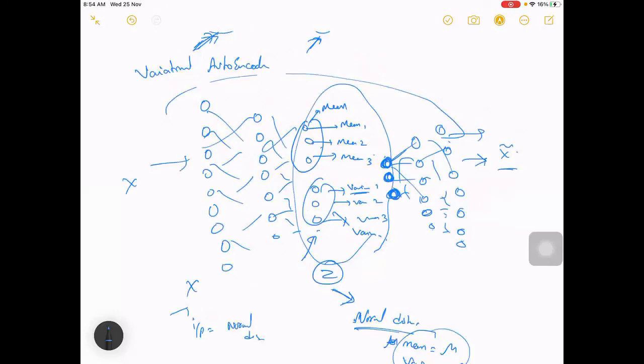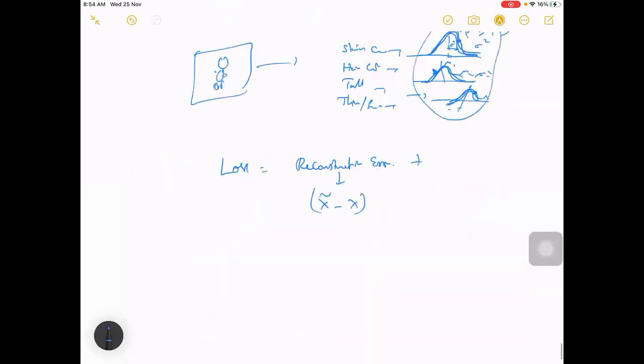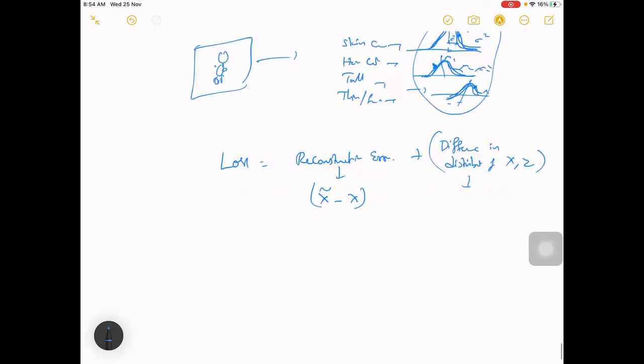What we are saying is this should learn the distribution of input, right? So here the error should be the difference in distribution of x comma z. This is what we need here. Okay, reconstruction error is clear, like how we can get it.